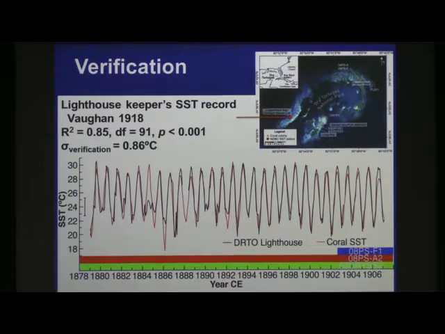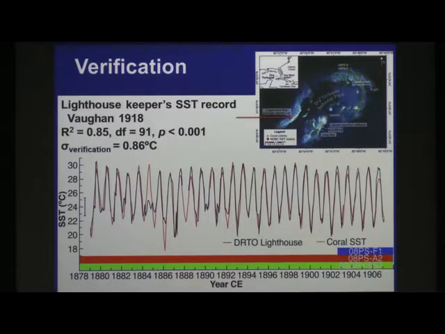Okay? So we now have temperature records from the lighthouse keeper from 1878 all the way up to 1908 with very good agreement. So R squared of 0.85. The other thing that's really interesting about this is the very bottom of the 1 core where I have a live date. The A2 and the F1 cores, these are the cores that I cross-dated and established the age with uranium thorium dates.